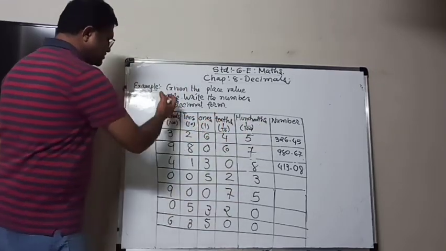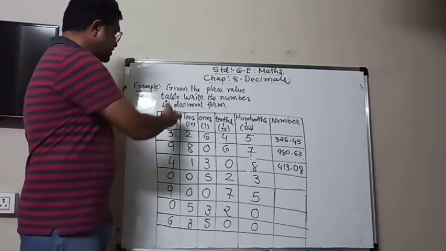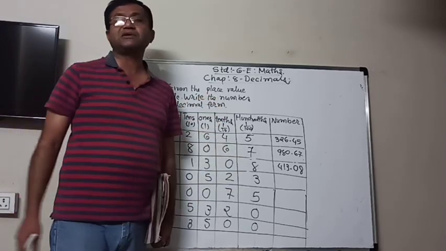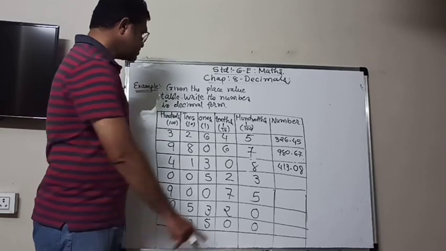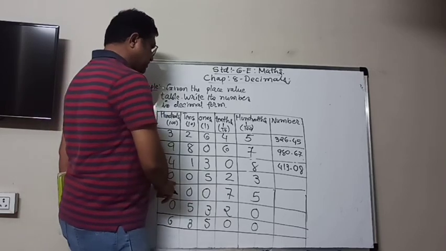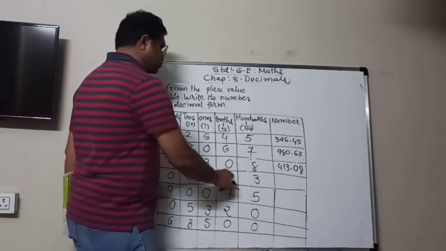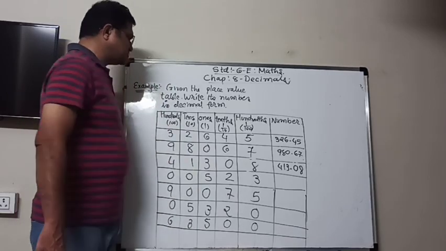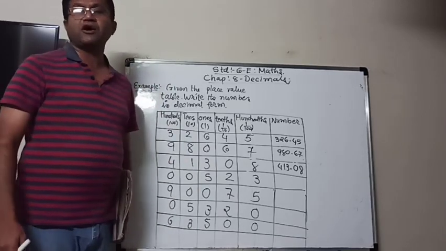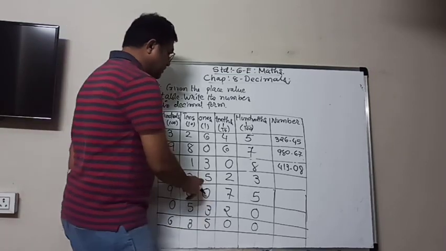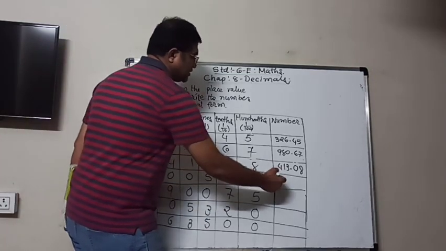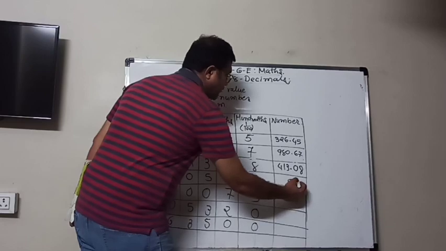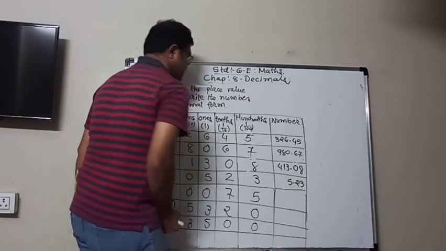Only when the 0 is in the beginning, you need not write it down. Now here you can see 005.23. Those two beginning zeros we don't need to write down. We start from here and take the two digits after the decimal, so it is 5.23.